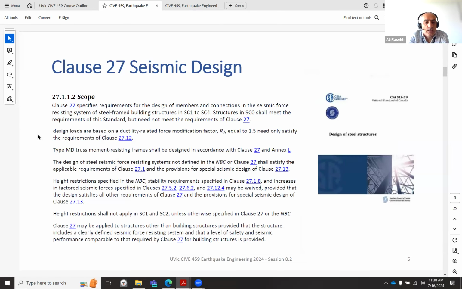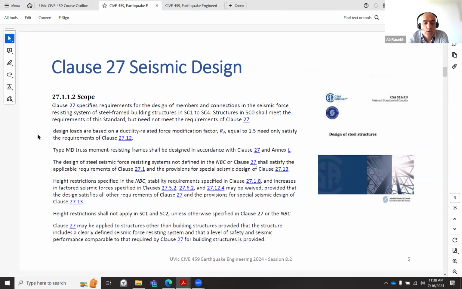So let's go to the scope. Clause 27 specifies the requirements for the design of members and connections in the seismic force resisting system of steel-framed building structures for the 4 seismic categories that we discussed.